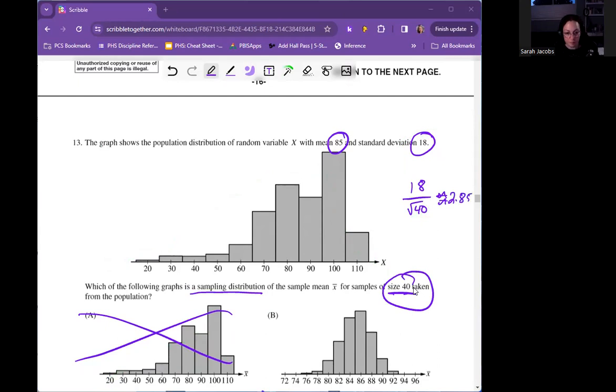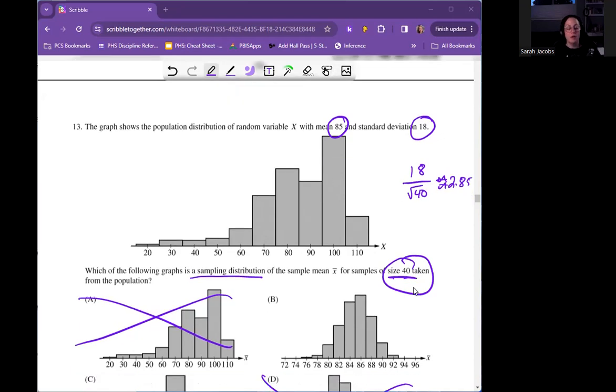Just under 3. Now, we know that most of the data should fall within 3 standard deviations of the mean. So let's multiply that number by 3, and we'll get 8.54. So this is 3 times 2.85, which gives us 8.54.